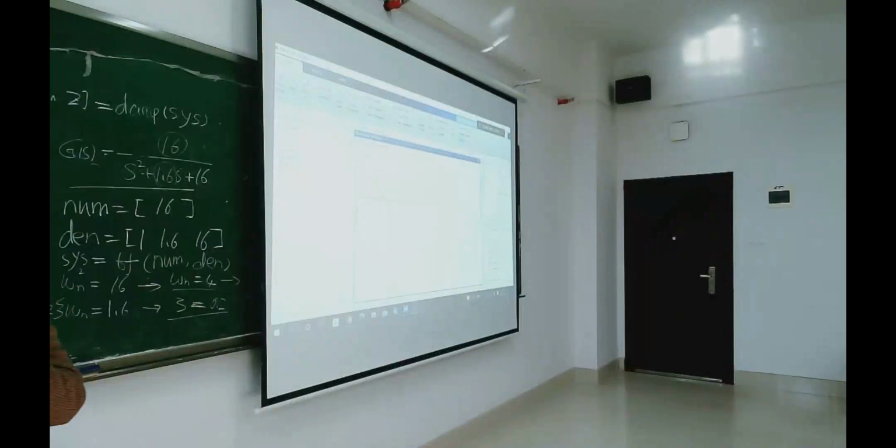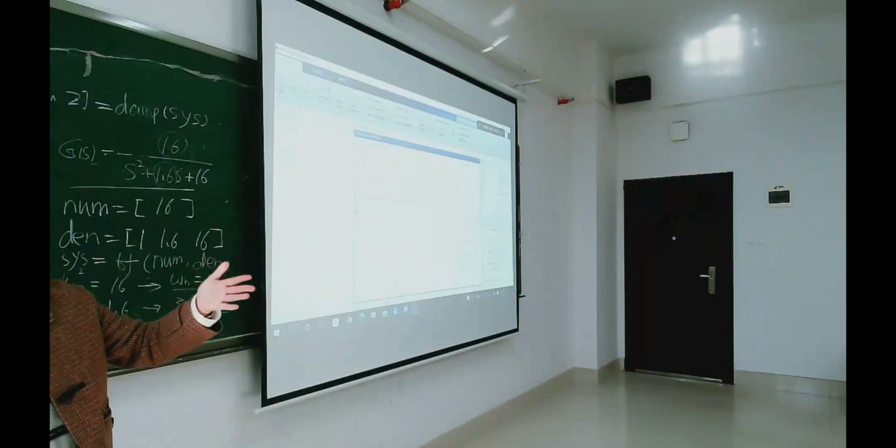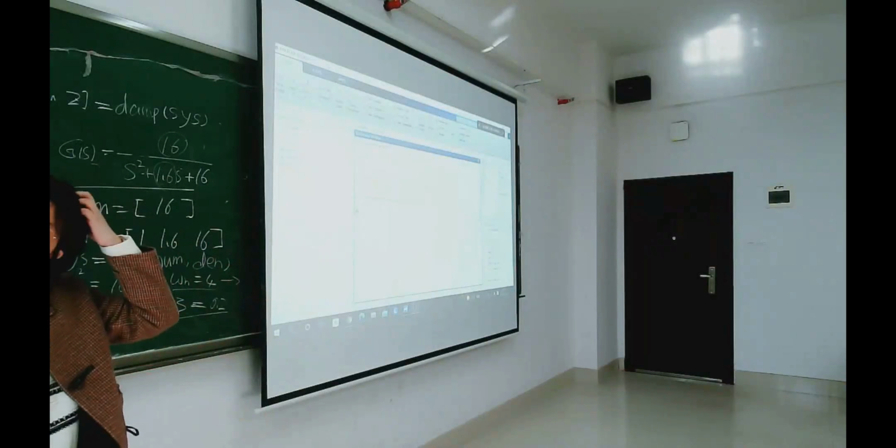Here we need to first, remember in simulation, we need to type in the simulation time. You should settle the time. Here, the same, you should set the time for the x-axis.